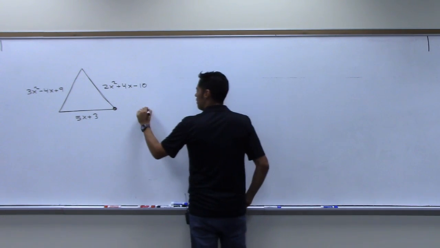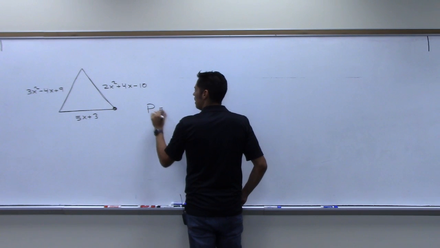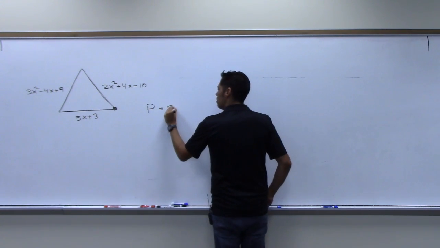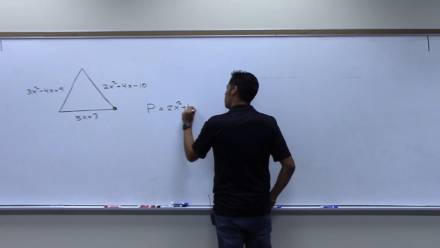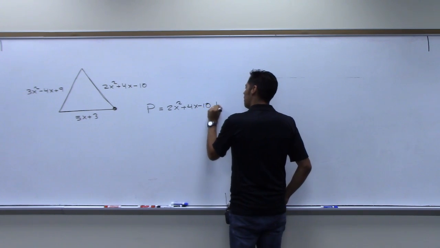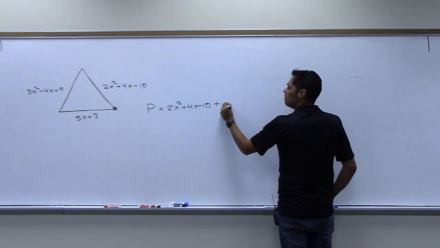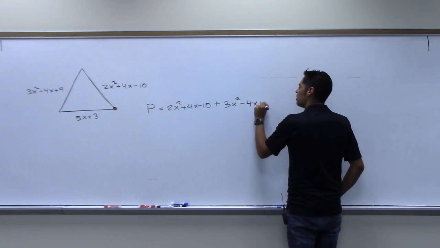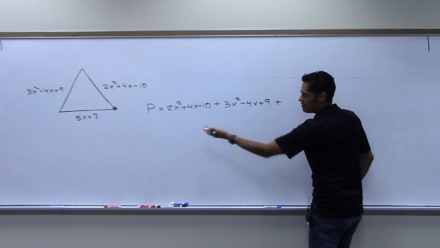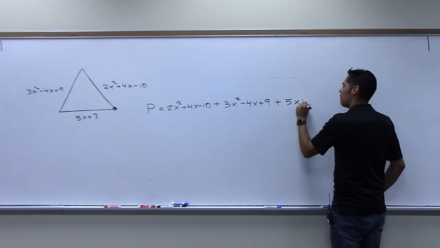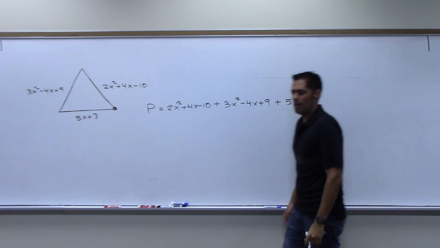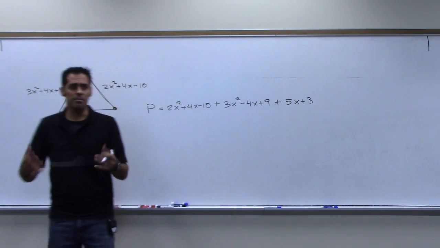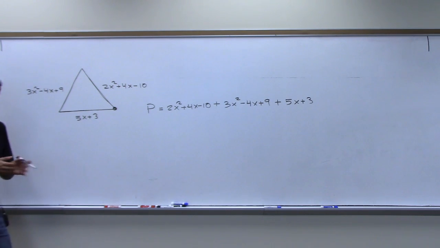So I'm going to write down that the perimeter, I'll call it P, is equal to this, which is 2x squared plus 4x minus 10, plus the other side, 3x squared minus 4x plus 9, and then plus the last side, which is 5x plus 3. And then just combine all your like terms together. Put all your x squareds together, all your x's together, all your numbers together. And that's the answer.